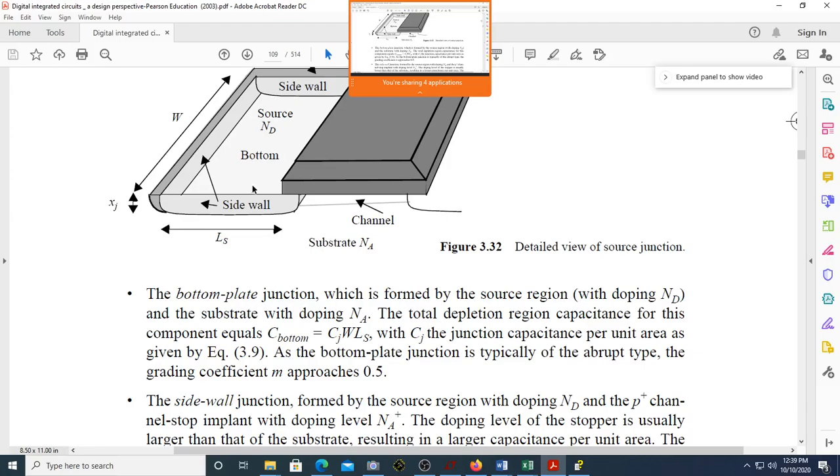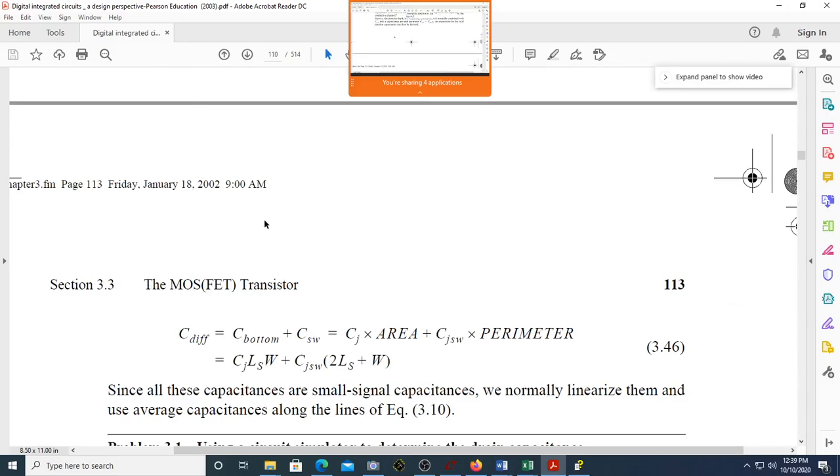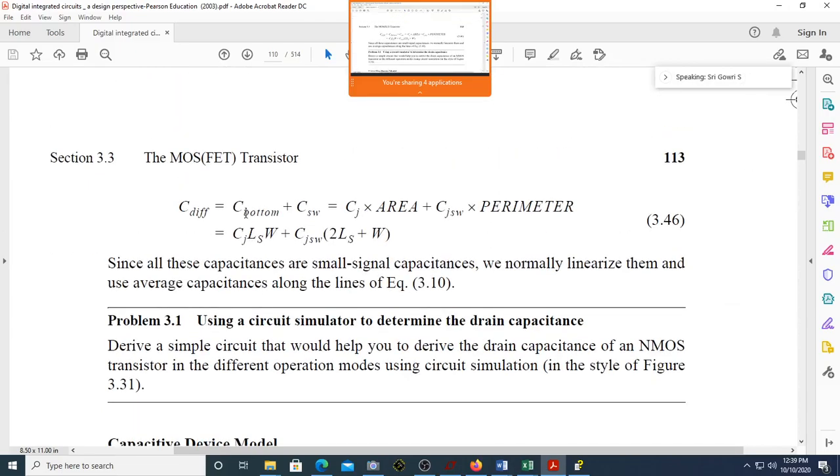Yes, sir. Because of that, will you have the entire bottom of your N, the source or the drain, have some junction capacitance? Yes, sir. That is called as C bottom. And can you see the side walls?